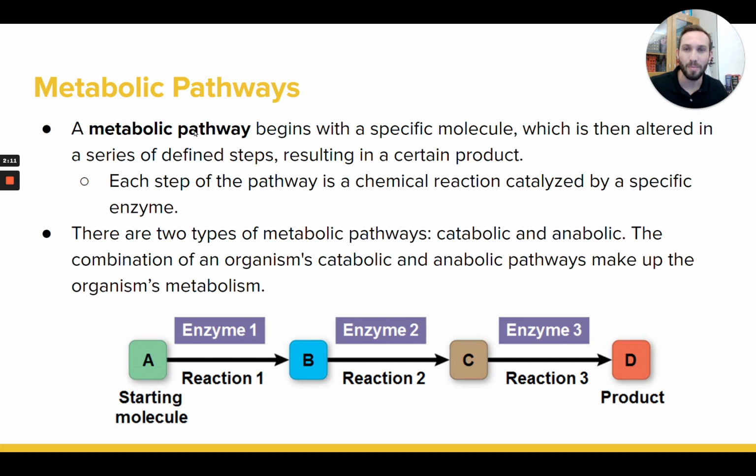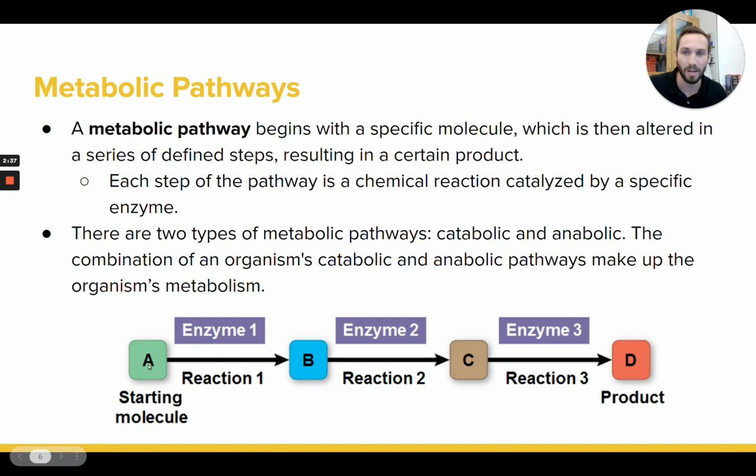We've kind of talked about metabolic pathways a little bit, but that refers to when you have a series of chemical reactions taking place. They're taking some sort of substance and ultimately turning it into something else in a series of steps. And each of those steps, or each of those smaller reactions involved in this pathway, are controlled by different enzymes. And so here's just a very simple depiction of a metabolic pathway.